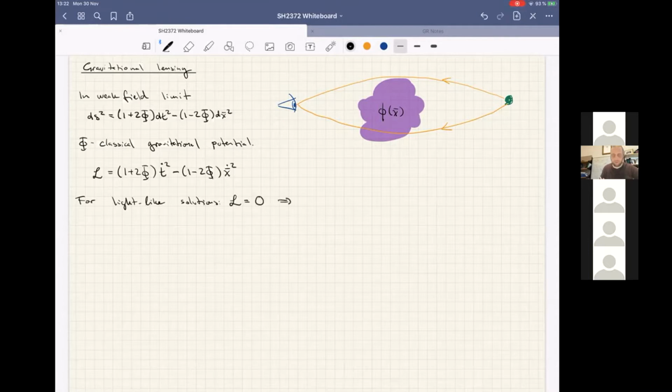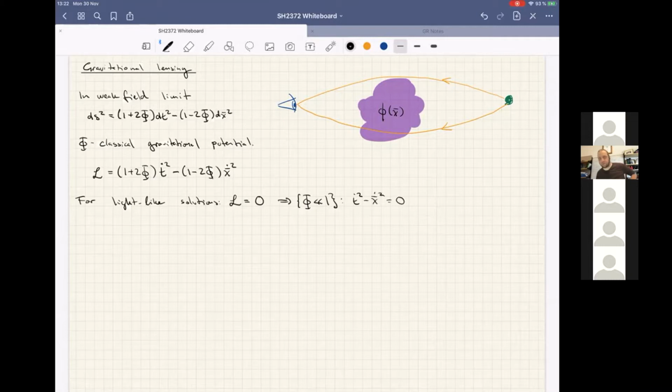So this means that if we just look at the 0th order approximation, so for phi much smaller than 1, approximately, at least to the leading order, we will have t dot squared minus x dot squared equal to 0.